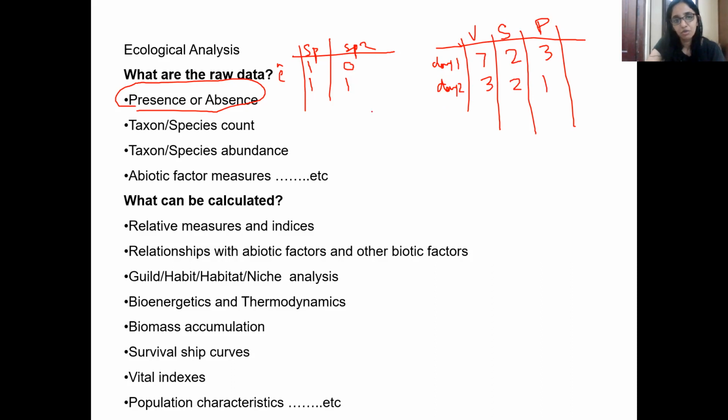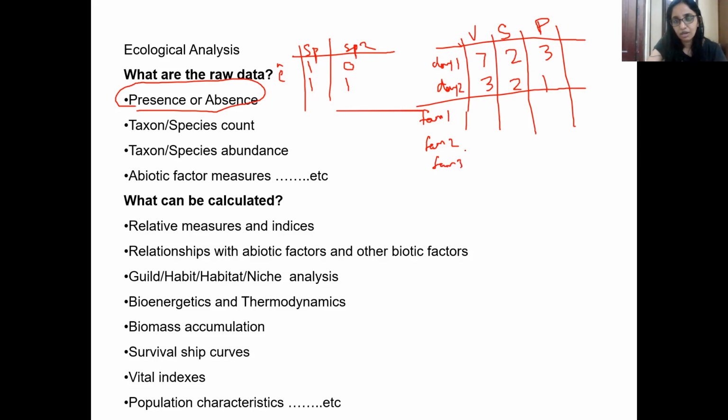This could be one way of looking at this type of data. Another way could be at another level, where you are looking at families or higher taxa. So family 1, family 2, family 3.